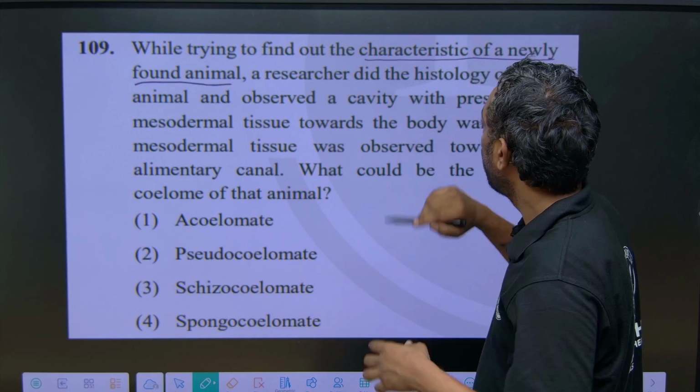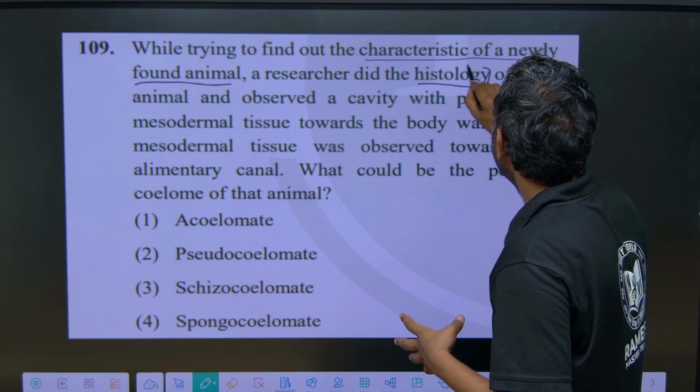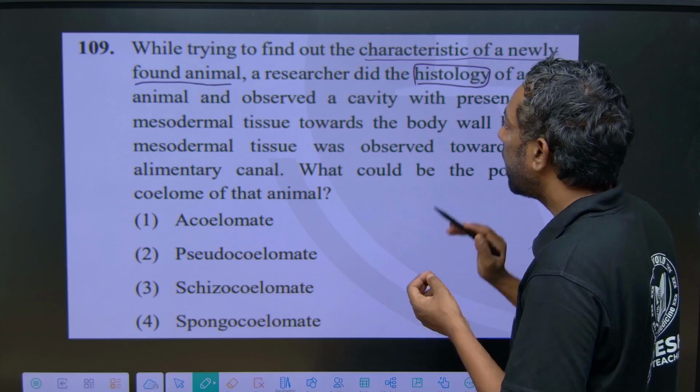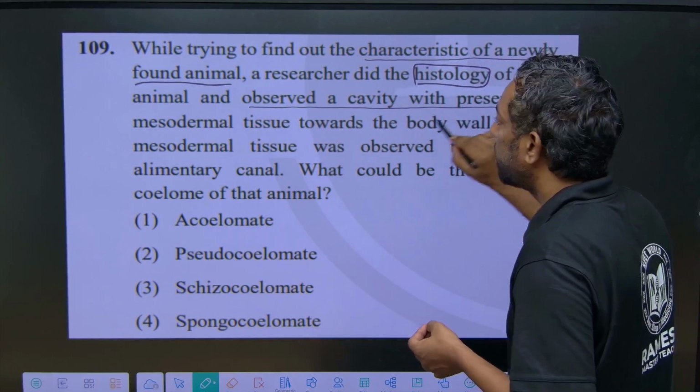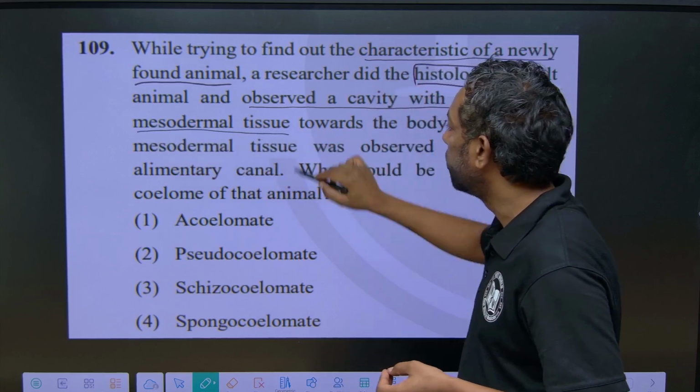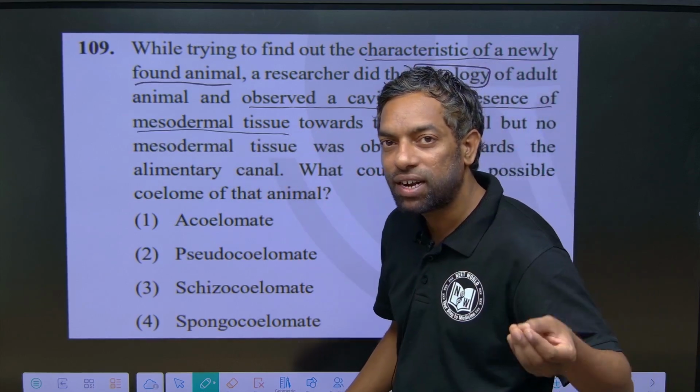You have to observe the histology. In the tissue of the adult animal, observe a cavity with the presence of mesodermal tissue. Mesodermal tissue, where did it start first?